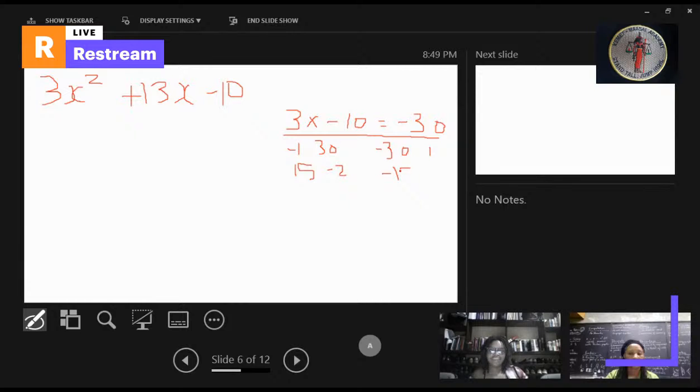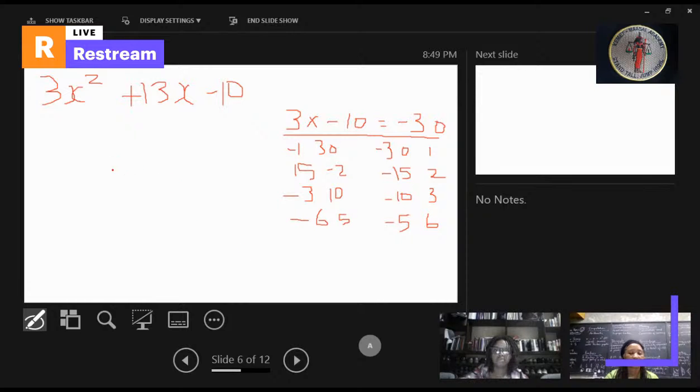We could have negative 3 and 10, and negative 10 and 3. We could have negative 6 and 5, negative 5 and 6. That looks like all of them.